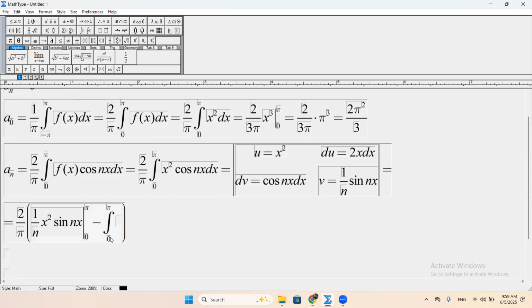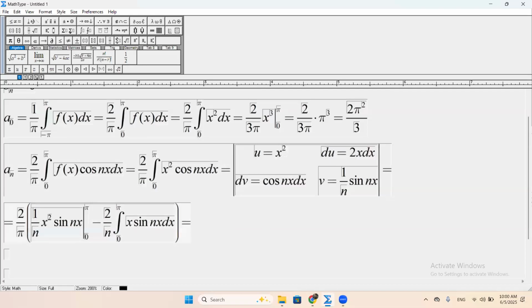Minus 1 over n, and I can even move 2 here, v du, so x sine of nx dx here.